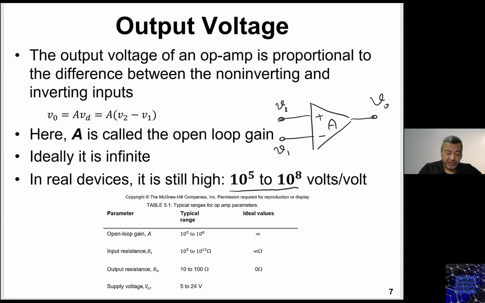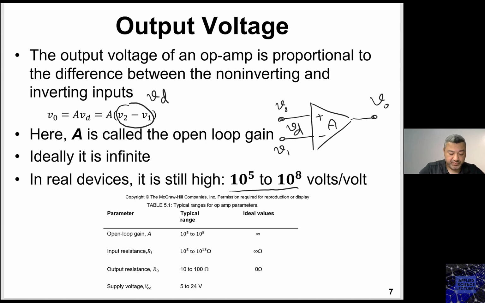But here, the difference between V2 and V1, we call it VD, which is, in this case, as you can see, the difference between V2 and V1. And that's why we call this one the positive, this one the negative. So we're looking at the difference between those two inputs.